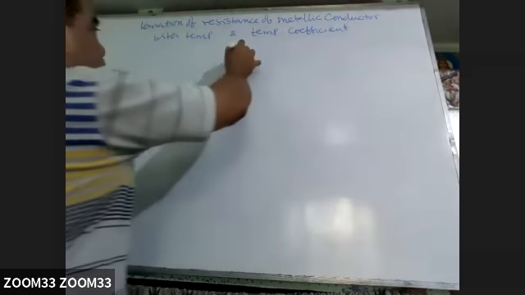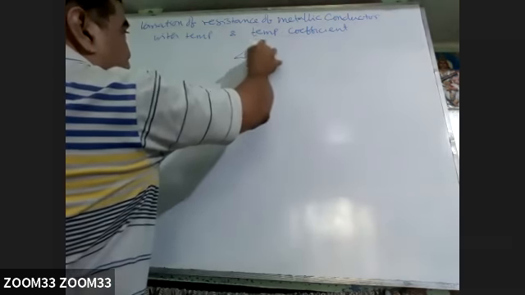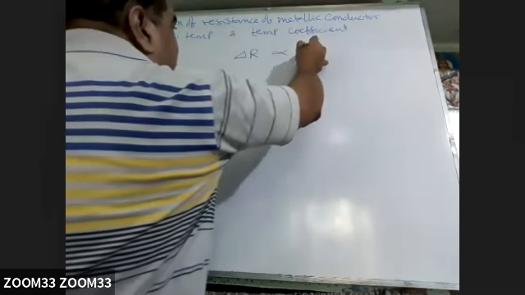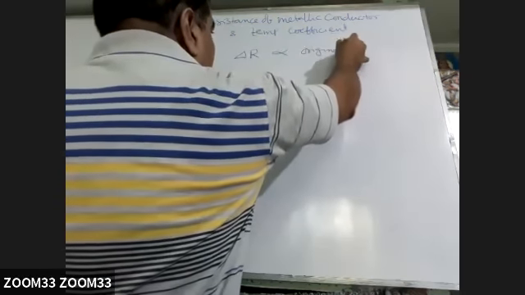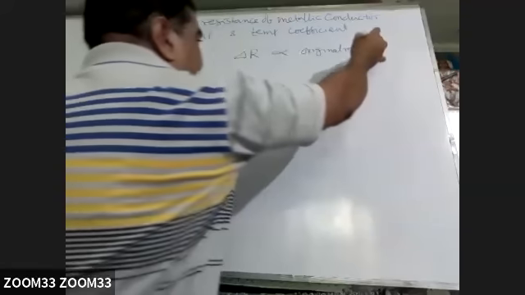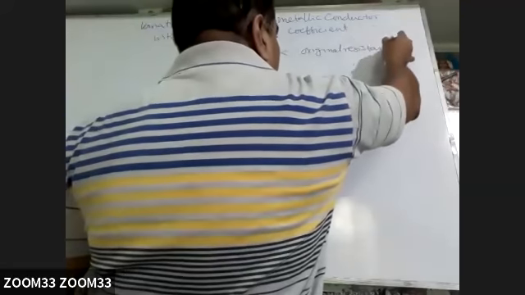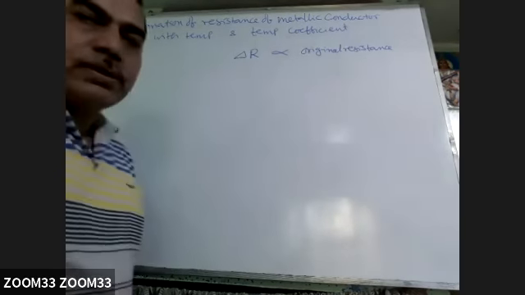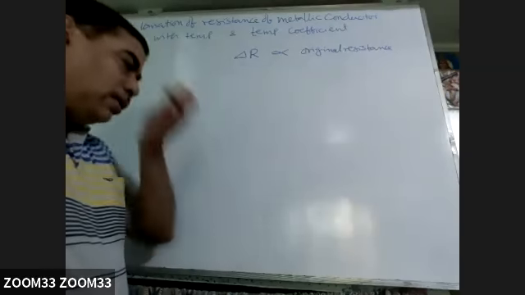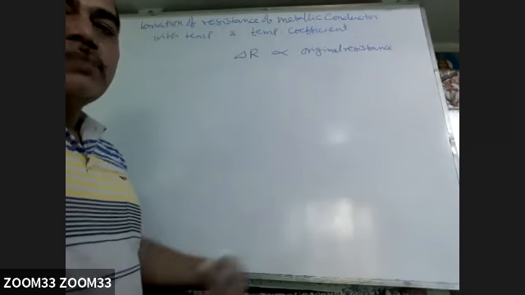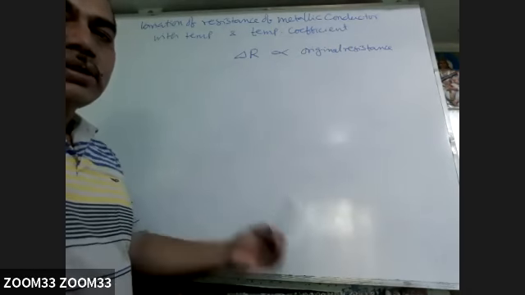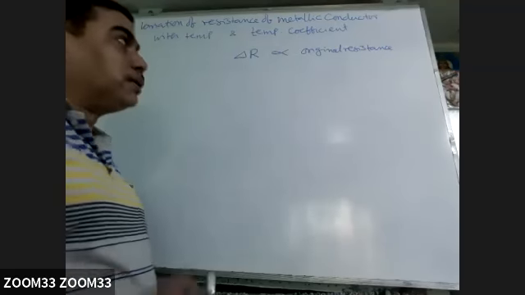This increase in resistance, that is delta R, is directly proportional to the original resistance, whatever the initial resistance may be, from which temperature you are going to start. If you start from 0 degree, then whatever the value is at 0 degree. If you start from 20 degree, then the value of resistance at 20 degree.